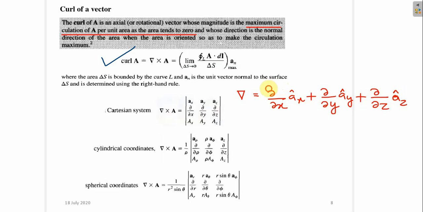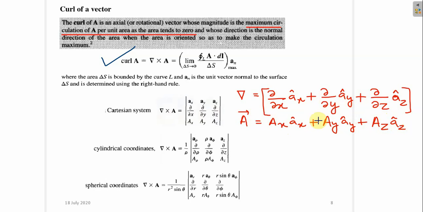This is the vector operator del. And what is A in Cartesian? The A vector is Ax ax plus Ay ay plus Az az. So this is your A vector.